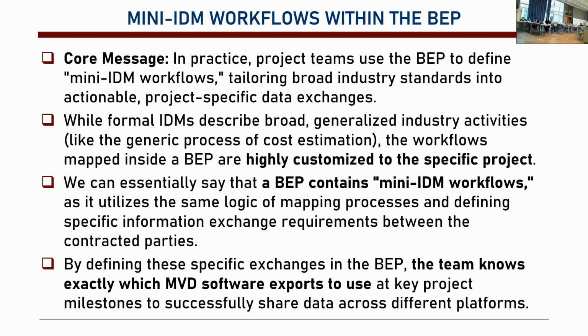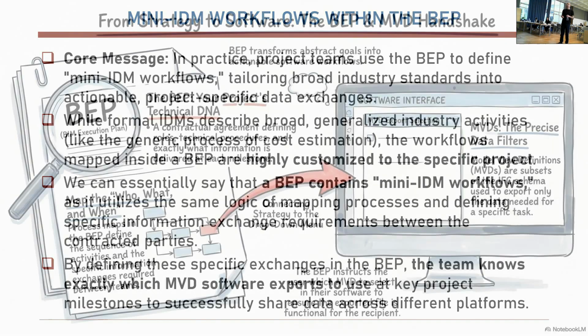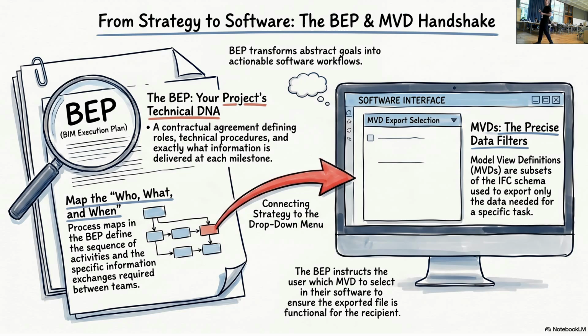So basically, we make sure that we have a similar logic of mapping to create the BEP itself. And also, during that, we make sure that the MVD is known by everyone in the project. Yeah, so this is how it works.